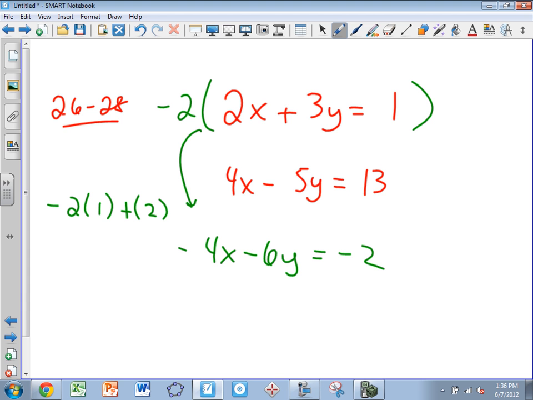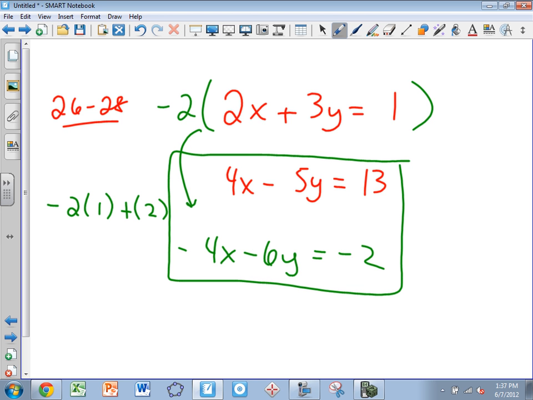Again, I'm going to take these two now, and add those two together because the 4x's are going to cancel. So those drop off. I'm left with -11y equals 11. So what does y equal? -1. That's the solution for y. Now once you know y equals -1, you can plug that back in up here to get x.